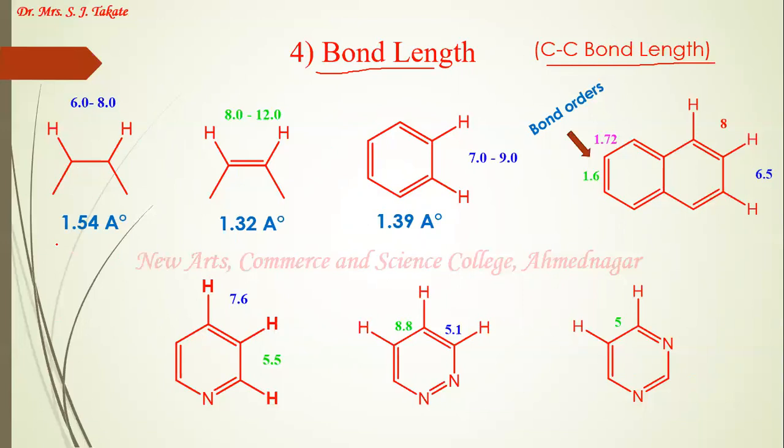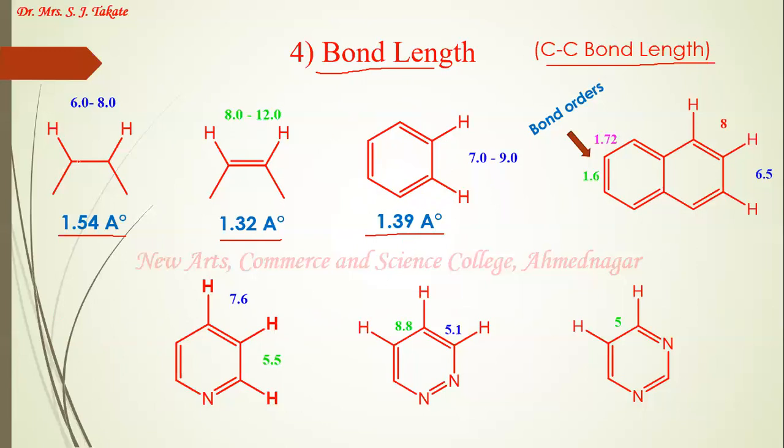Bond length wise, the carbon-carbon single bond is 1.54 angstrom, while the carbon-carbon double bond is 1.32 angstrom. Aromatic carbon-carbon bonds have intermediate values between single and double bonds: 1.39 angstrom for the benzene ring carbon atoms.